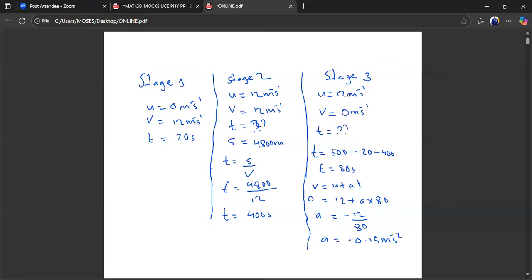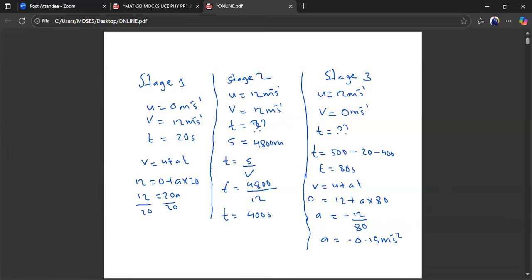That is the retardation. Now, our acceleration in the first stage can be got by using the first equation of motion, where my v is 12, my u is 0, my a I don't know, and my time is 20. So 12 is equal to 20a.